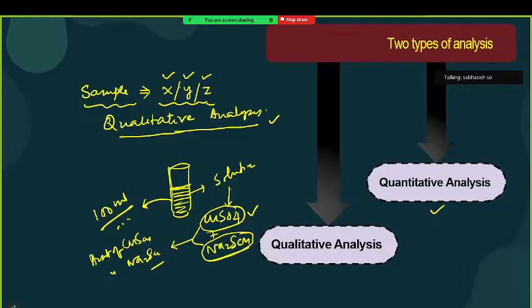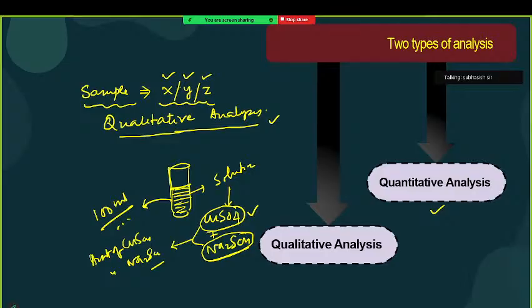In qualitative analysis, the salts are unknown to you and you have to determine the chemical components in the sample. In quantitative analysis, a solution or mixture of known salts is given, and you have to determine the amount of salt.